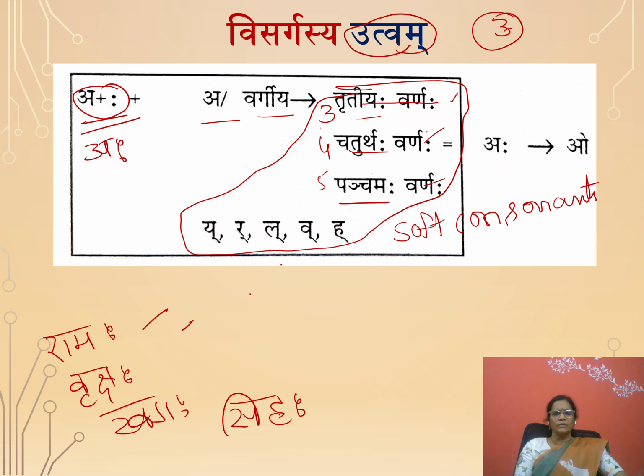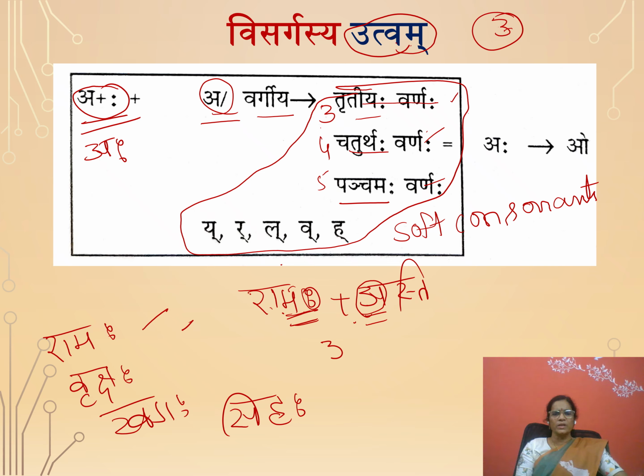We will see the example. Ramaha, a word ending with aha, plus a second word that starts with asti. Here the word ends with aha, and before the visarga there is a. The second word also starts with a, as we explained. Then in the place of visarga, according to this rule, what will come?